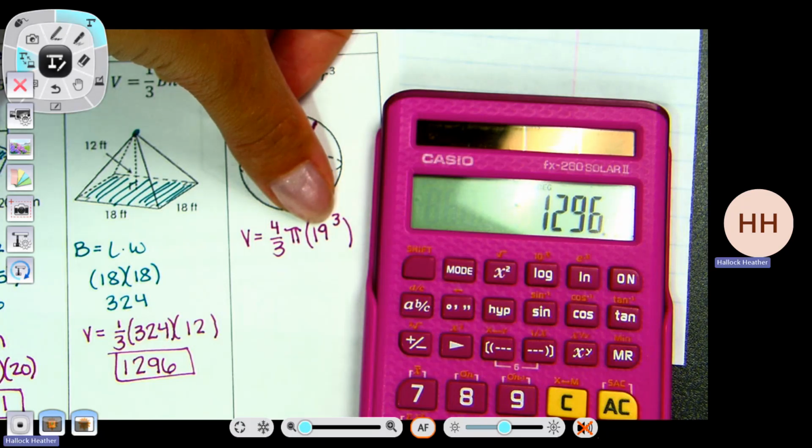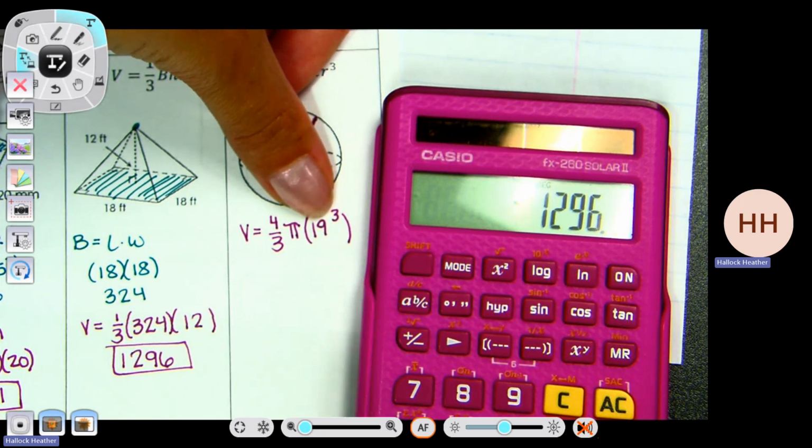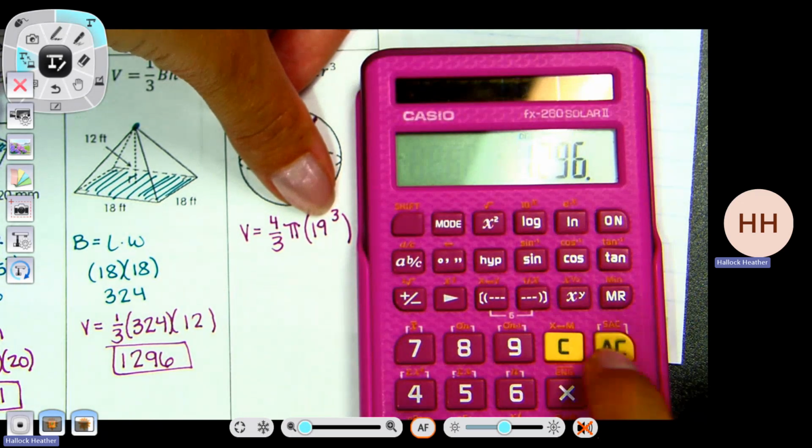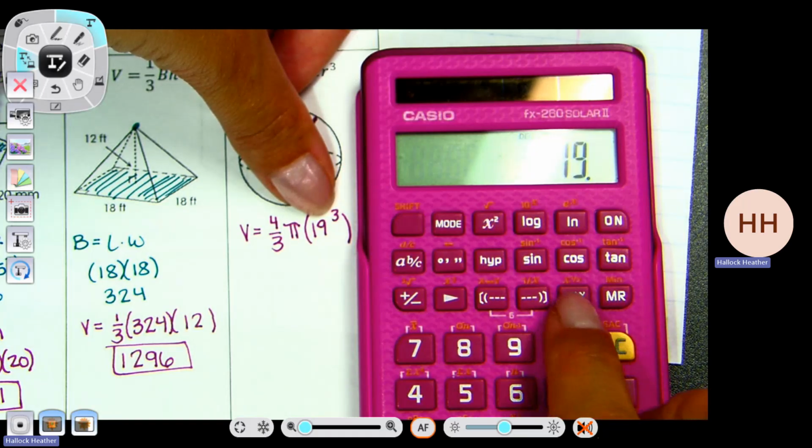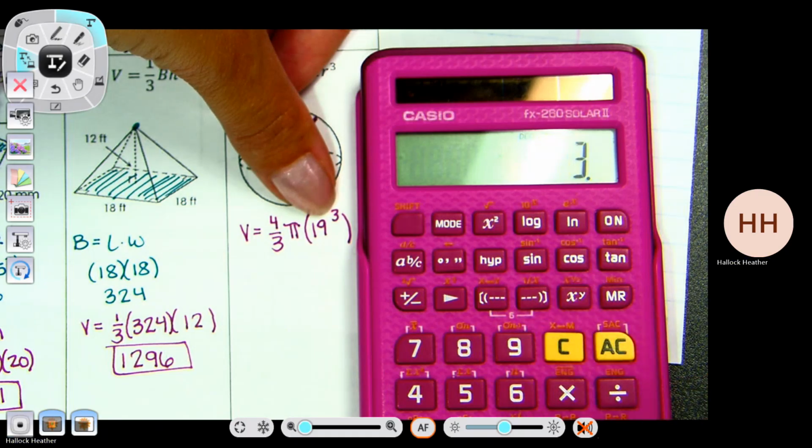Most people I've realized use the XY button. So we're gonna do clear, then 19 to the power. XY is like any exponent. You may have used this in middle school. 6,859.